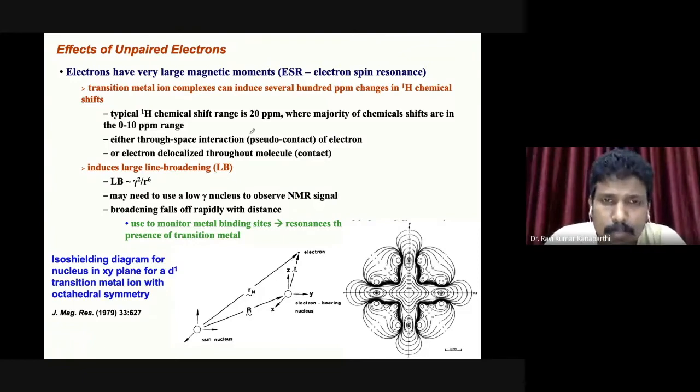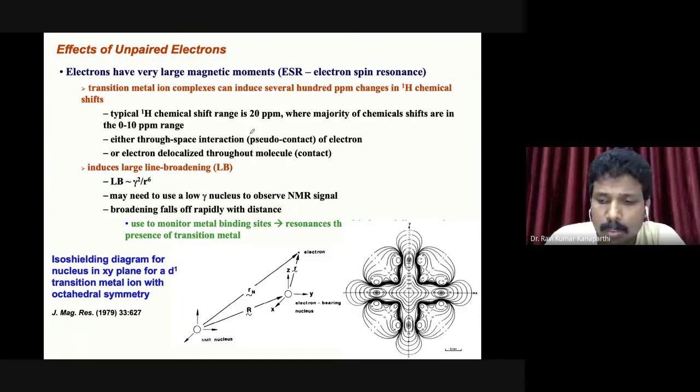Likewise, when you have a single electron, paramagnetic compounds will show large magnetic moments. That means a strong magnetic field. So they will resonate at higher frequencies. Those things we can't find in the routine proton NMR spectroscopy.